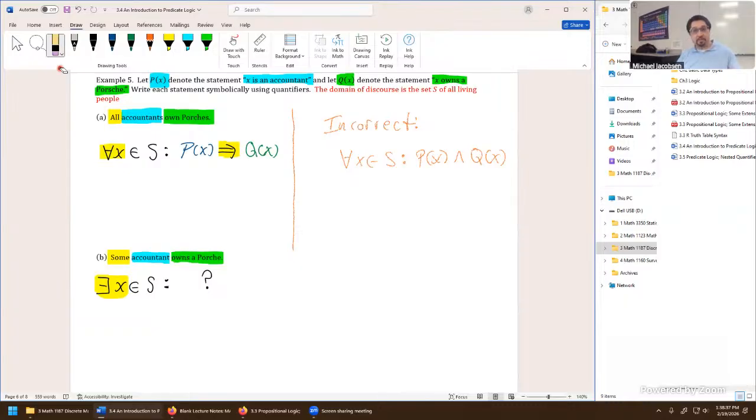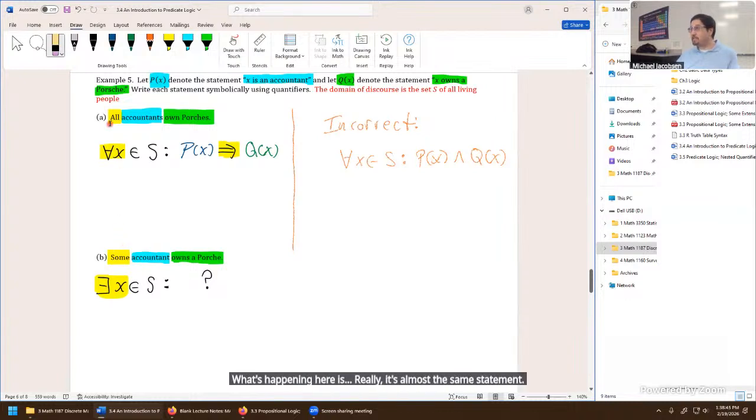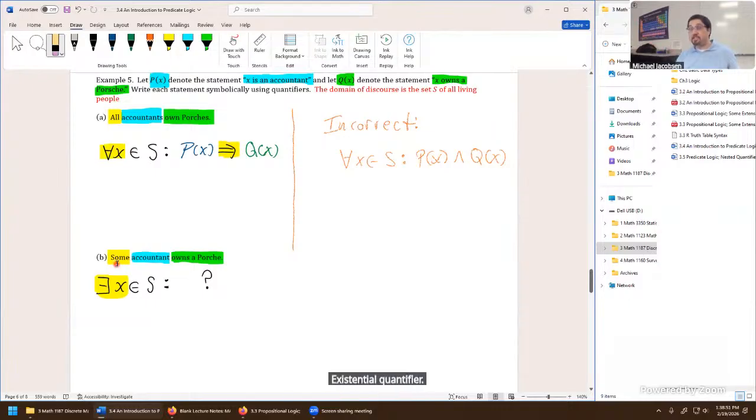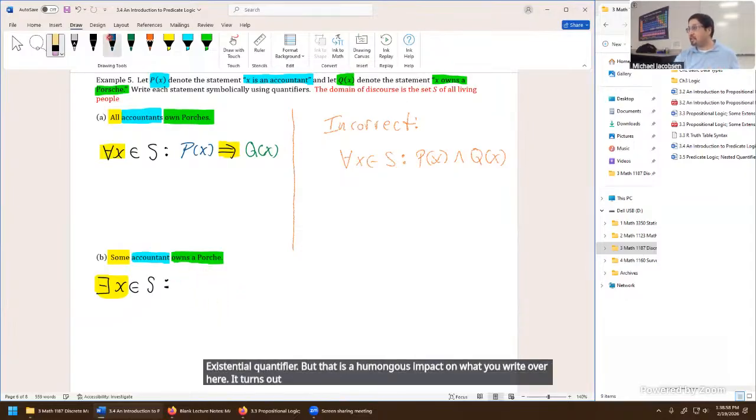That's kind of a tricky one to think about, right? What's happening here is really it's almost the same statement, right? The only difference is universal quantifier, existential quantifier. But that is a humongous impact on what you write over here. It turns out this one goes like this.